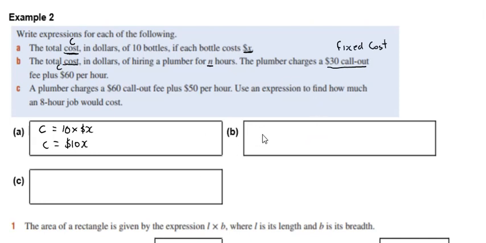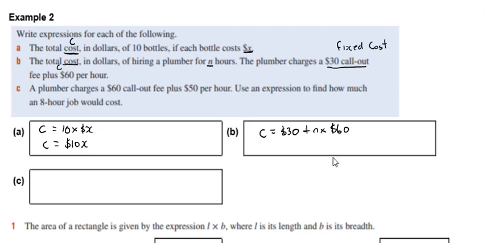So this is what our formula will look like. C will equal our fixed cost, which is $30, plus, sorry, not X, we're going to use N, aren't we? Yes. We're going to use N times the number of hours times $60.